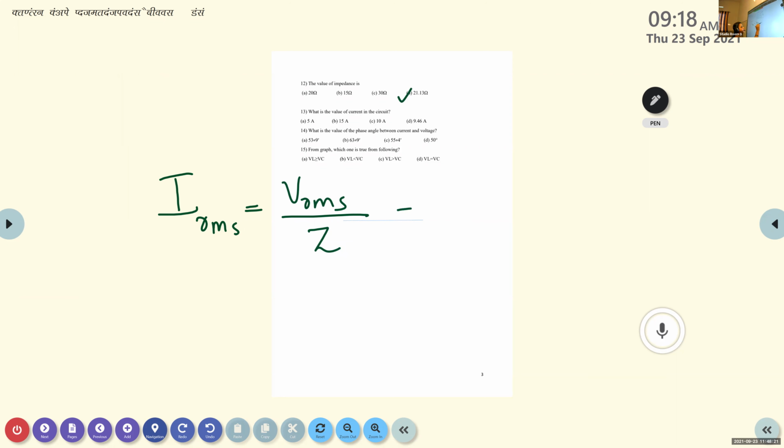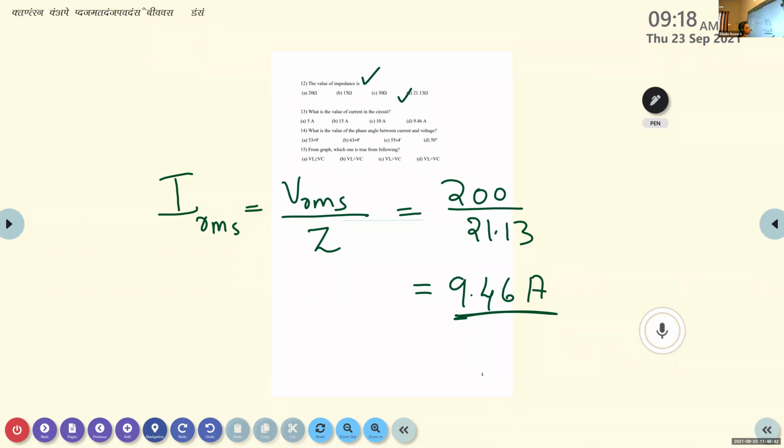V_RMS is given in the question as 200, divided by Z. The impedance is 21.13 ohm, so that is equal to 9.46 ampere. Option D is right.